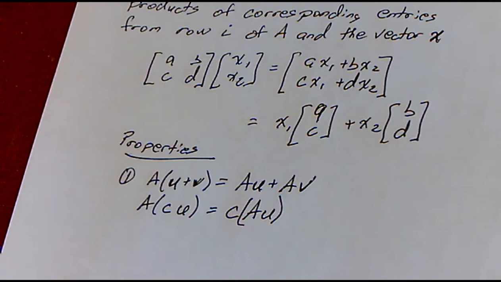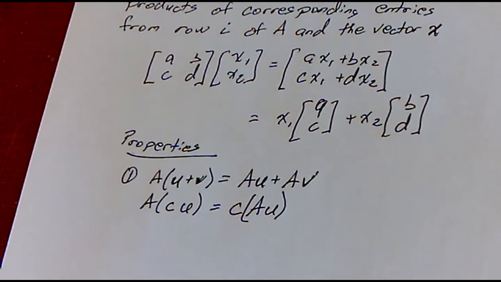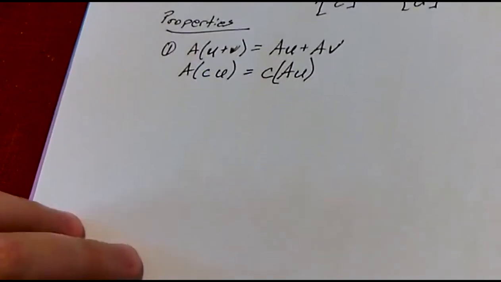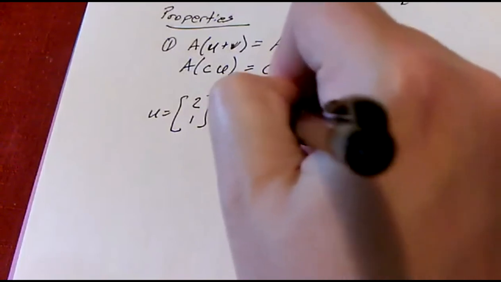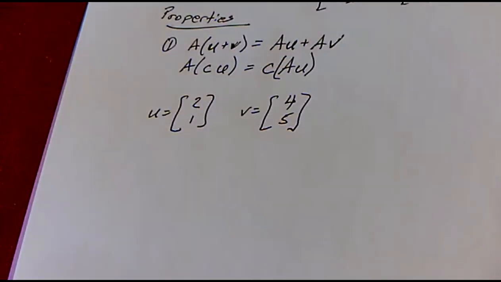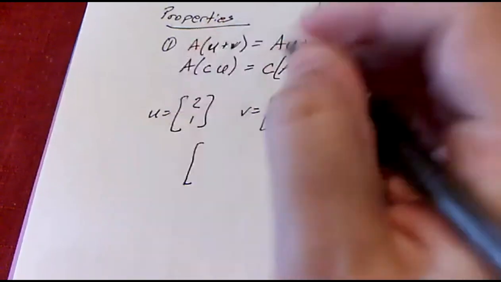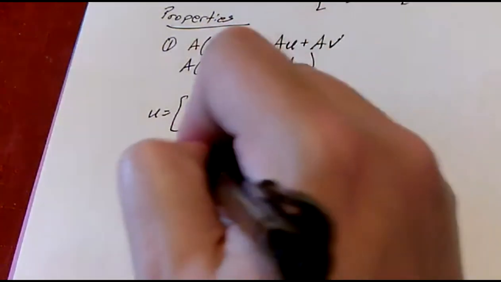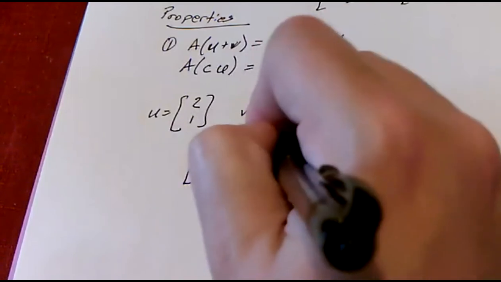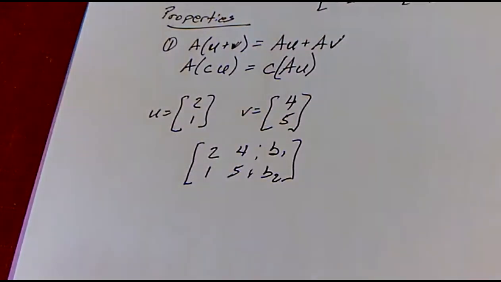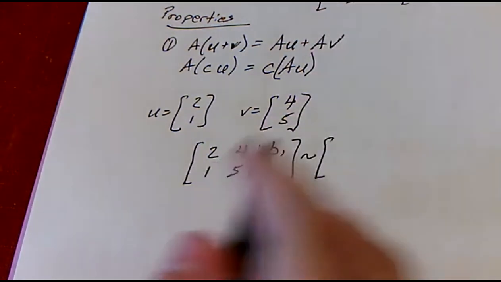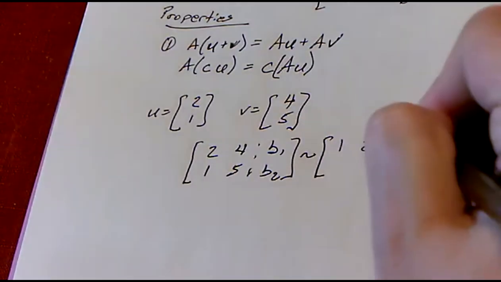Now, when you're thinking about these linear combinations and these spans, if I have two vectors in R2, so pick your favorite two vectors in R2, let's say (2, 1) and (4, 5). If I set up a system here, 2, 1, and I augment that with some unknown vector B, and I start row reducing, I divide that first row by 2, so 1, 2, B1 divided by 2.